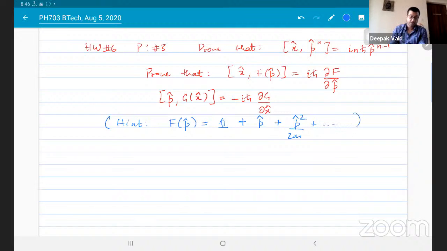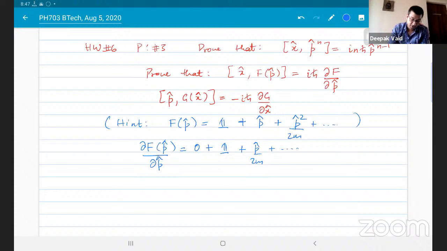You write down a Taylor series expansion, and for each term you apply this expression, and you will see that on the right side you get this expression by taking the derivative of this operator.